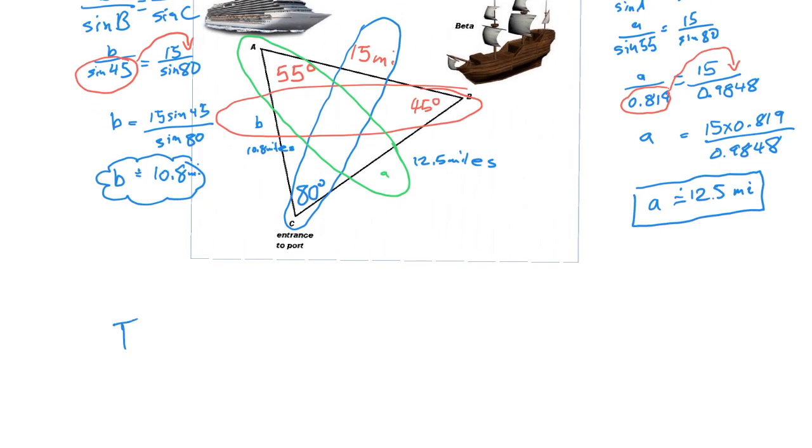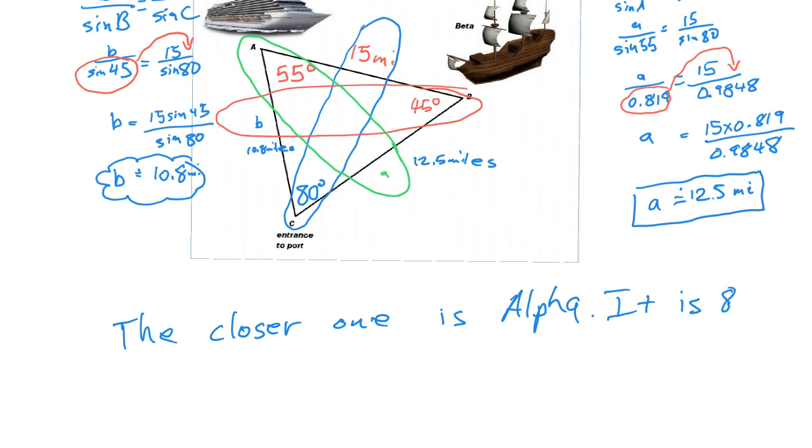The closer ship is alpha, and it is 10.8 miles from port. So that's it. That's how we do this.